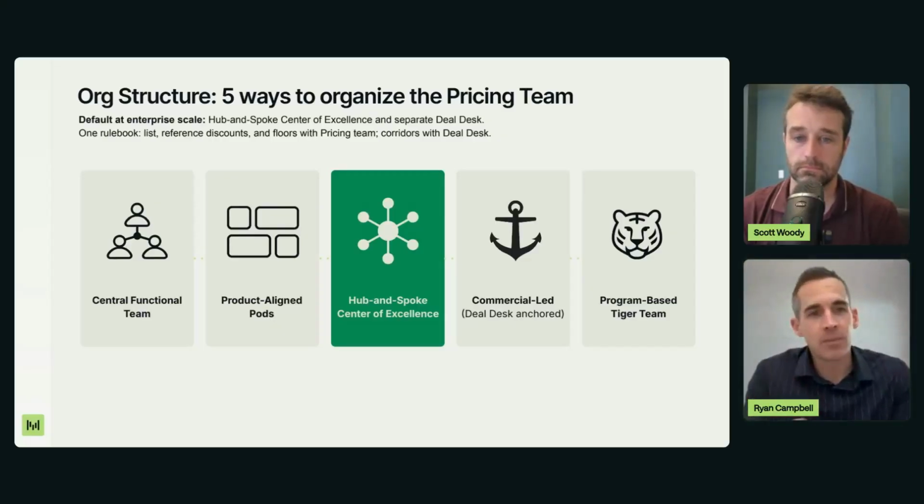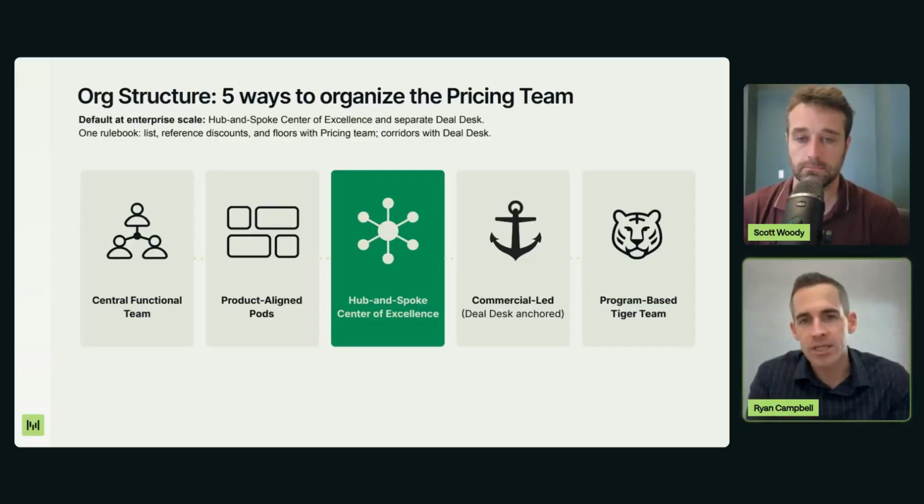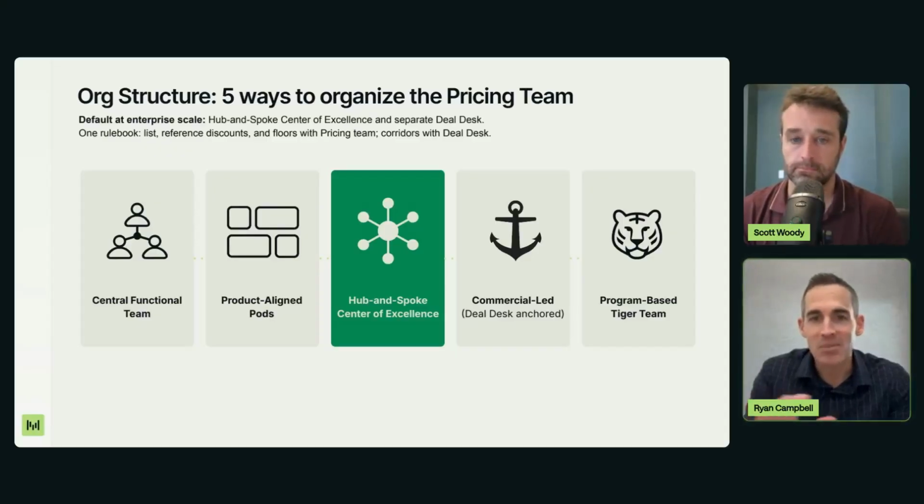And then from a talent perspective, I think our team is a bit unique in finance. We've strived to hire people who have a bit of a technical background, who can almost be a hybrid between a pricing person and a commercially oriented PM in some cases.